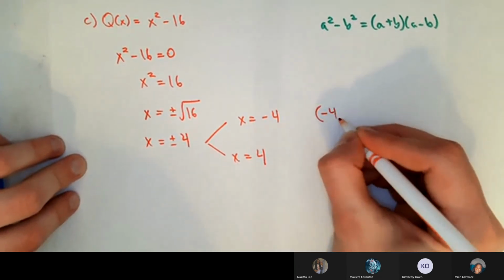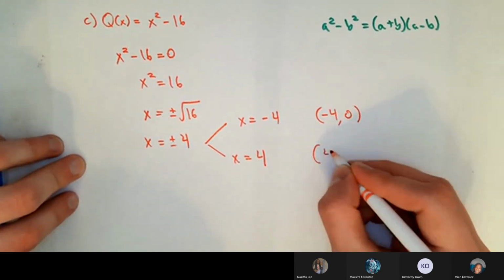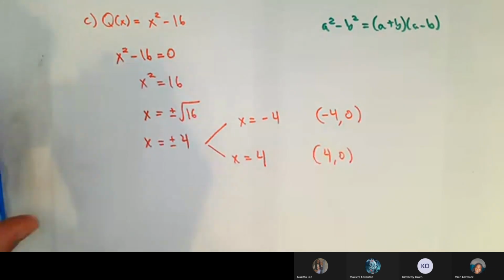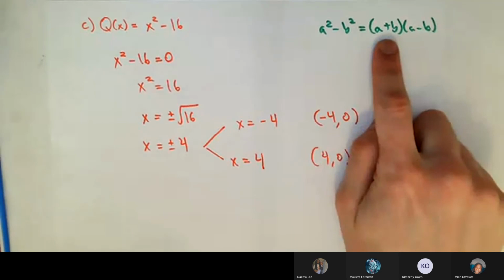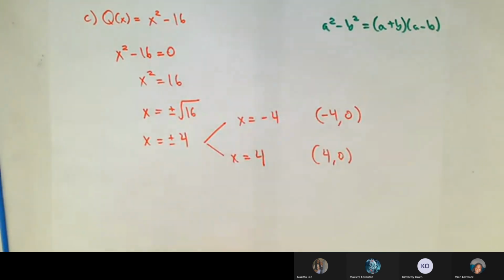And that's giving me these two x-intercepts, (-4, 0) and (4, 0). If you solved it by factoring, it would come out exactly the same, because you would have x plus 4 times x minus 4 equals 0, split them, and so on.